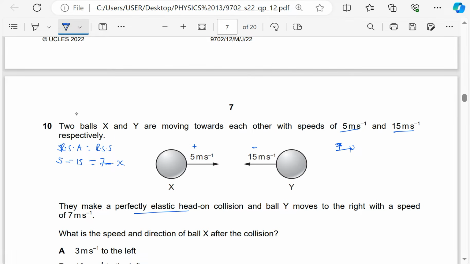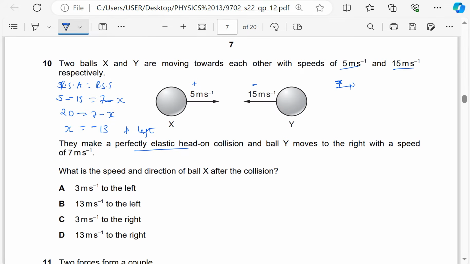So this gives me 20 equals 7 minus X, which makes X negative 13. The minus means speeds to the right hand side are positive, speeds to the left hand side are negative. So the minus shows that it is to the left. So the answer is 13 to the left. So the answer is B.